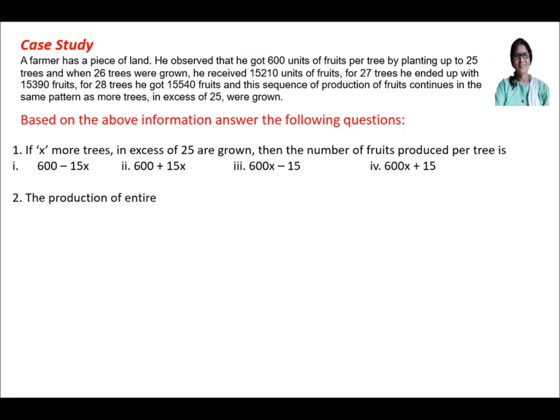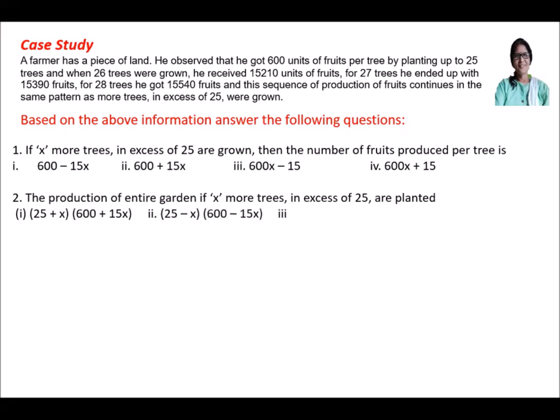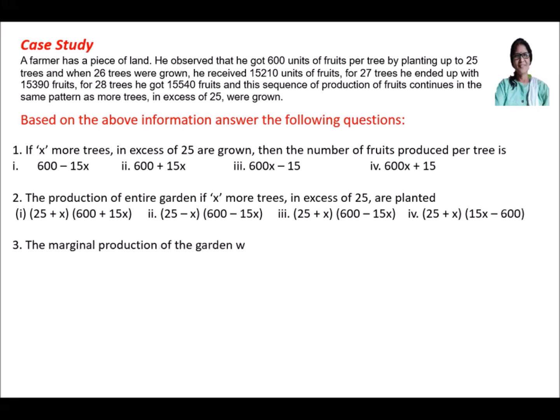Question 2, the production of entire garden if x more trees in the excess of 25 are planted: 25 plus x into 600 plus 15x, 25 minus x, 600 minus 15x, 25 plus x, 600 minus 15x, 25 plus x, 15x minus 600. Question 3 is marginal production of the garden when x more trees in excess of 25 are planted.